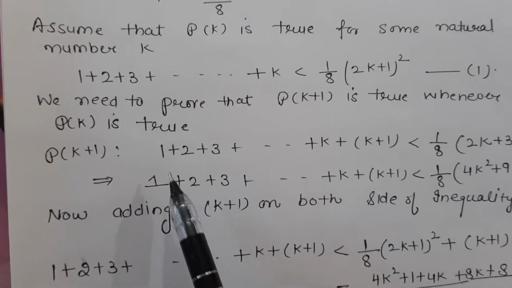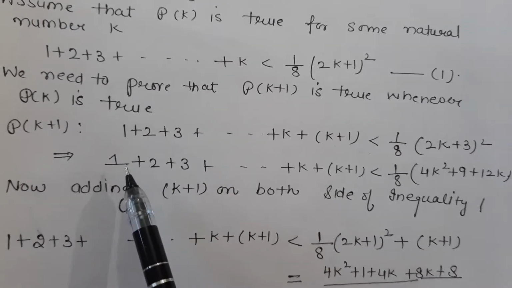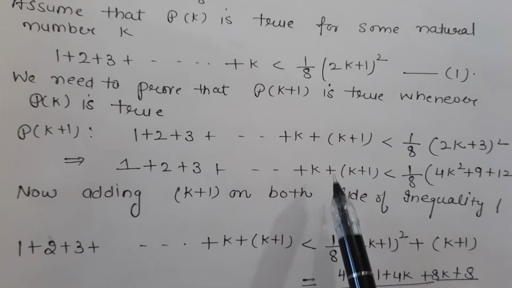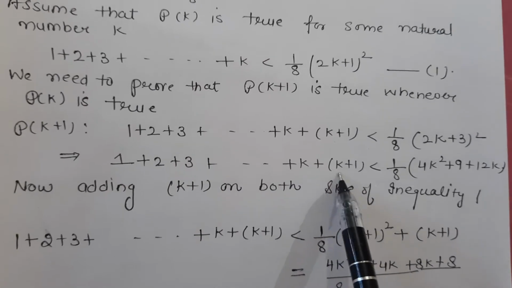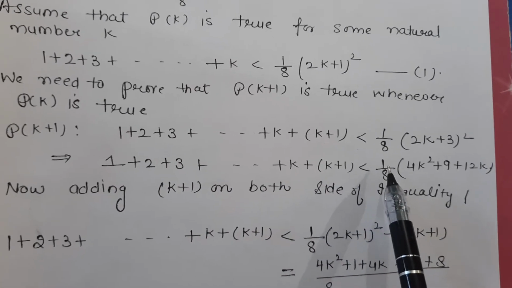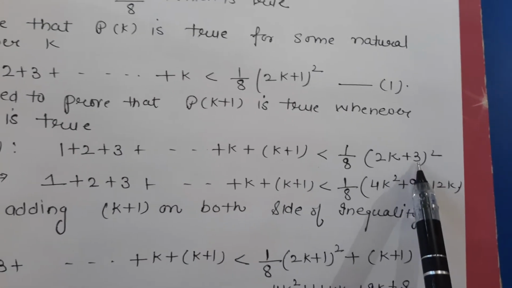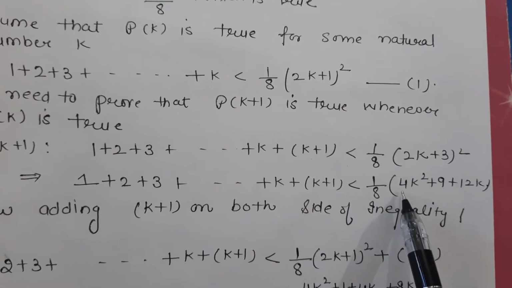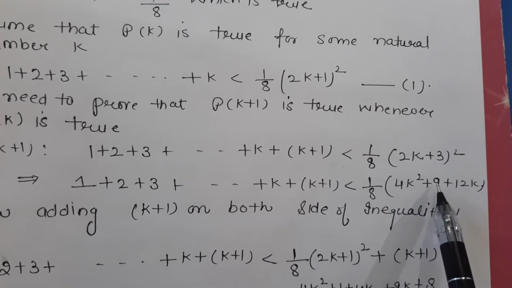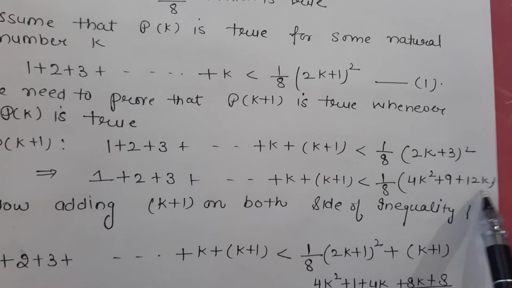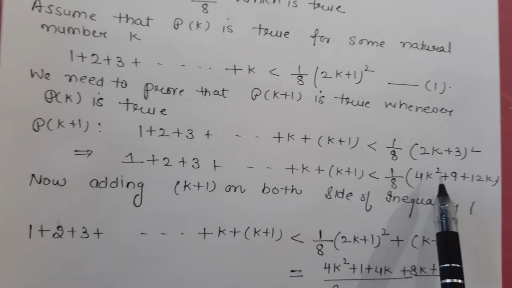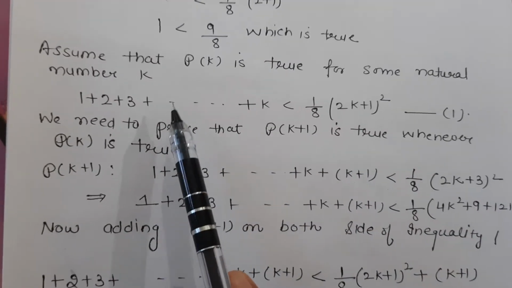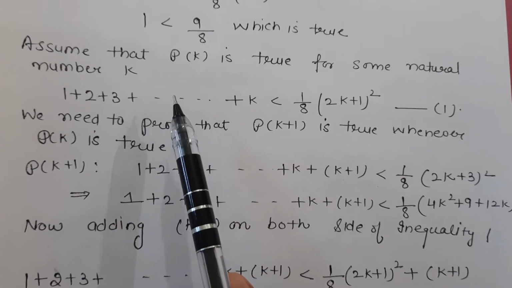Or you can also rewrite this as, you have to show 1 plus 2 plus 3 up to so on k plus 1 is strictly less than 1 by 8. If you expand this square, you'll have 4k square plus 9 plus 12k. You have to prove this result is true, and we are assuming that this is already true.